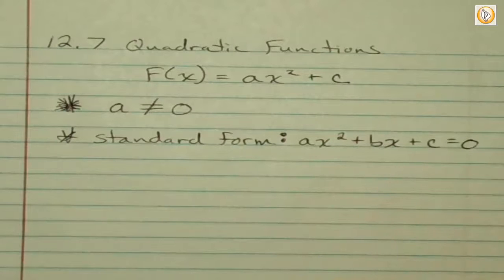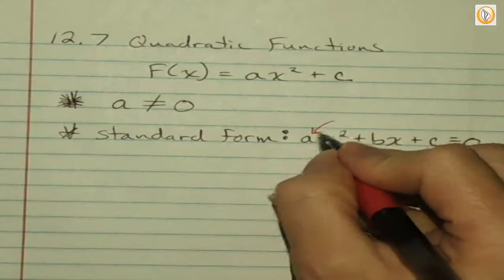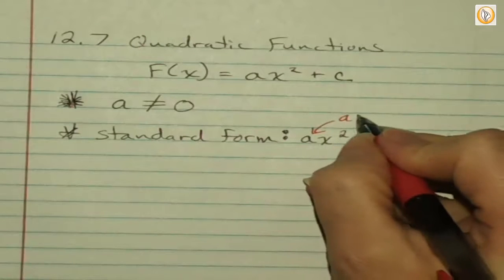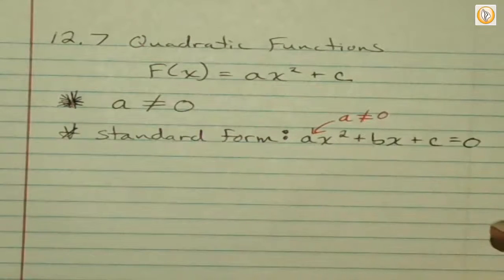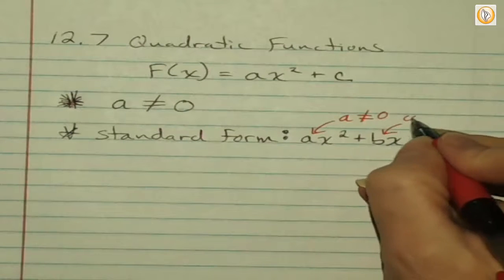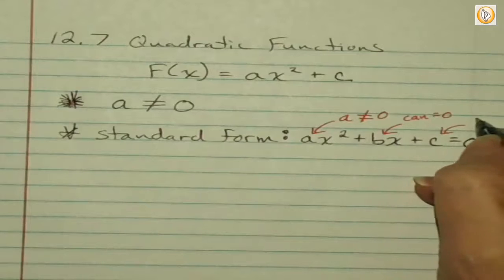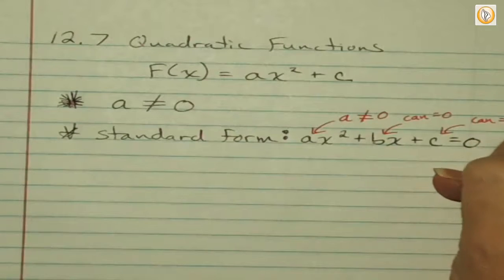And y'all have seen this before. A cannot equal 0. B can equal 0, and C can equal 0.